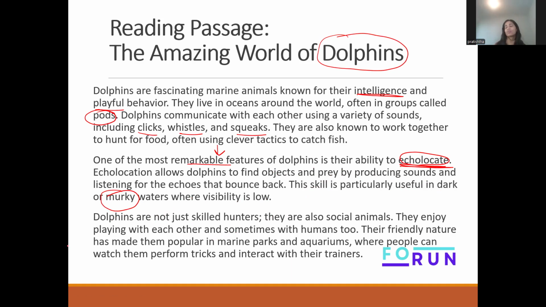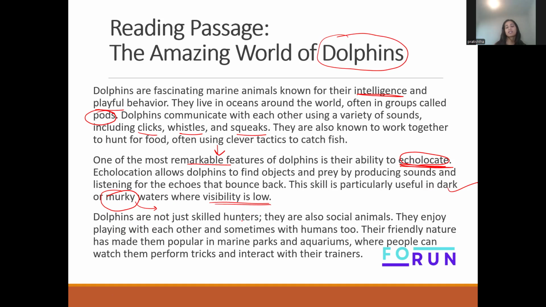I will not go back to Google and ask about each and every word that I don't understand. Murky here can probably mean when the visibility is low. So what are the situations where water can have low visibility? When it is dark or when the water is dirty. So I am guessing that murky water means dirty water or muddy water, right?